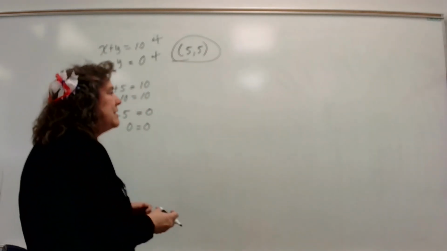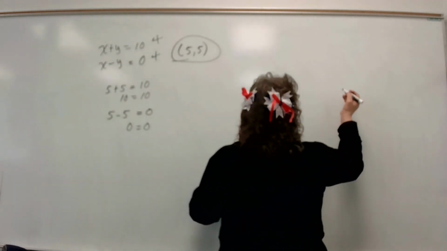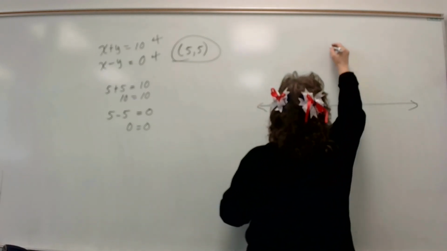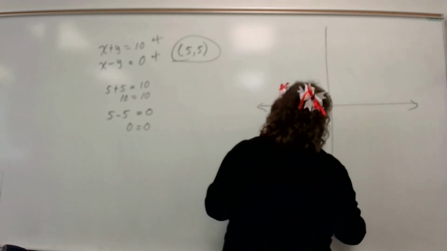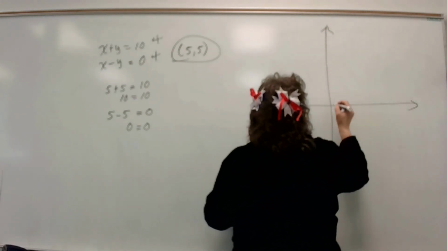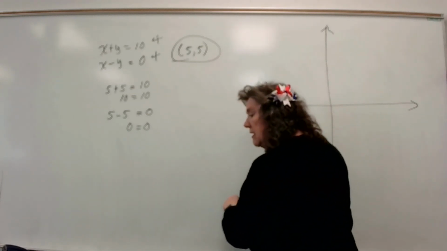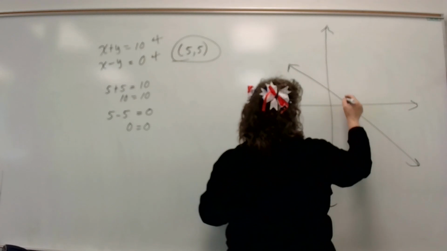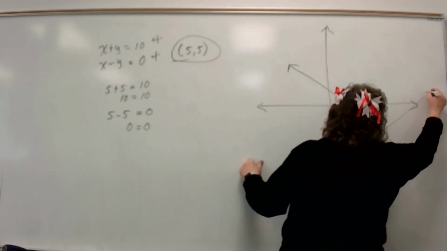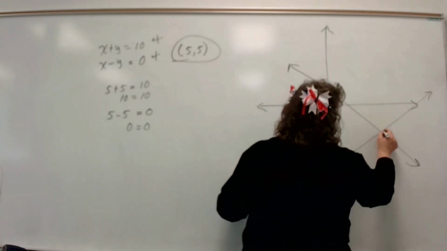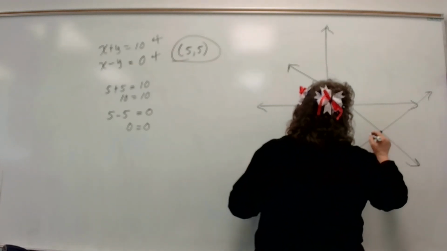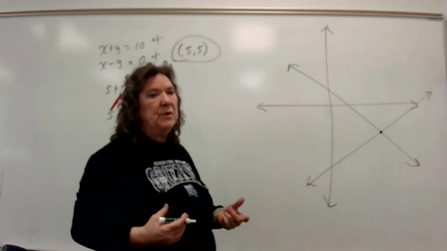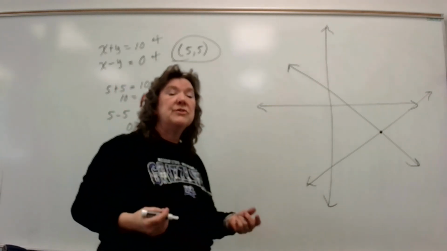So, next thing that you're going to see in your lesson is a graph with two intersecting lines on it. And you're going to have to identify which one of those ordered pairs that I give you is a potential solution to this.